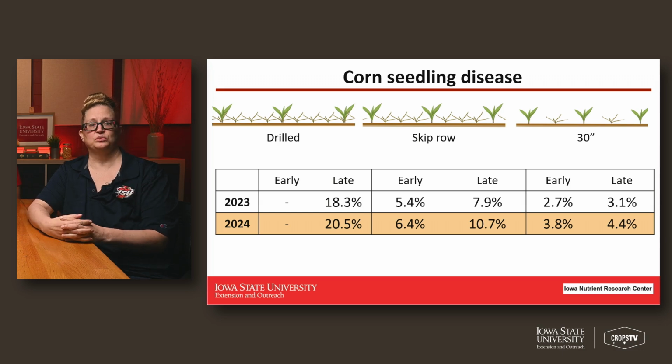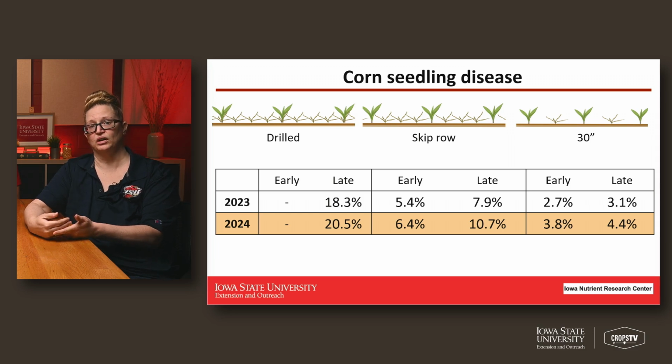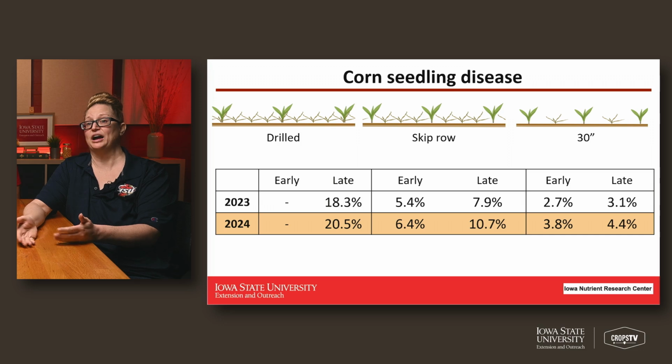The other thing we can see here is that in 2024, possibly the interaction is that because we had more biomass, that's the reason we had more seedling disease. So you can see that in 2024, there's more seedling disease than was found in 2023.